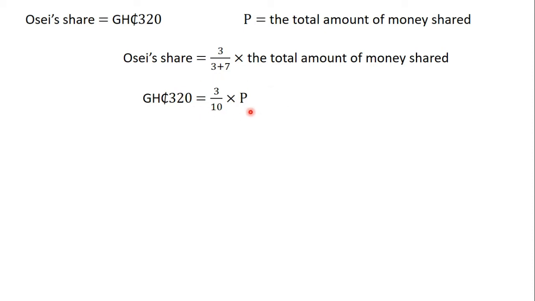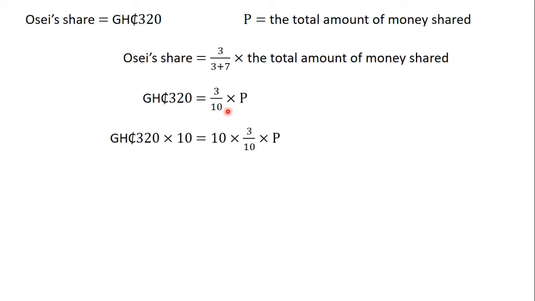Let's solve this linear equation for P. Our linear equation contains a fraction. So we will multiply both the left-hand side and the right-hand side by the LCM of the denominators. There's only one fraction, so the LCM of the denominators will be the same as the denominator. The denominator of this fraction is 10.